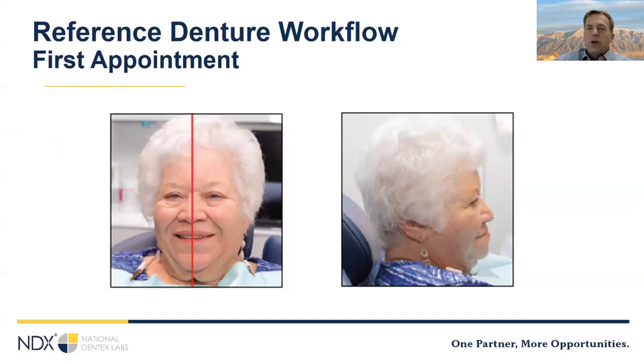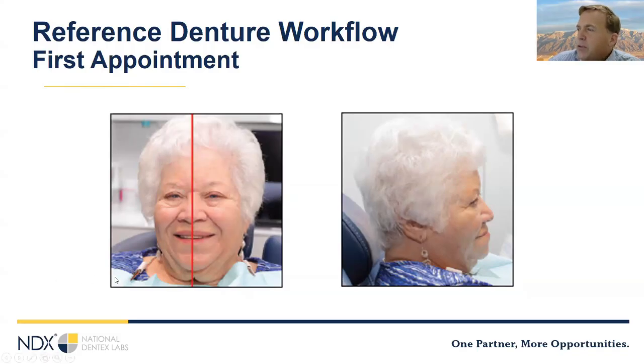So your reference denture should be very stable at this point. Should have suction on the upper. And for the lower, the way you can kind of test it is try to tip it towards the posterior. It should be very resistant to that. If they're moving around, you'll probably want to retake the impression.